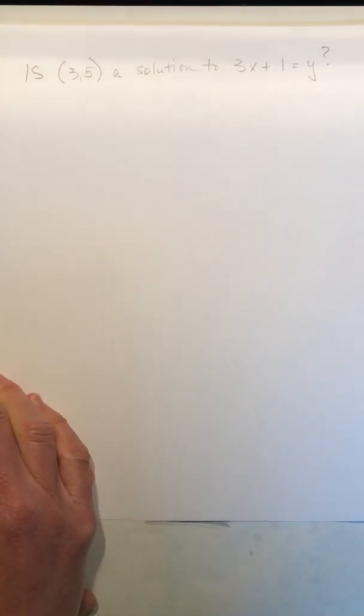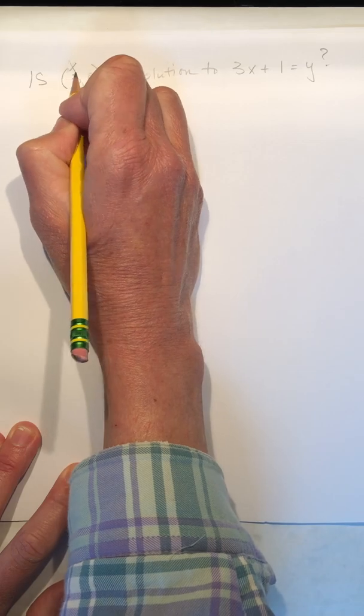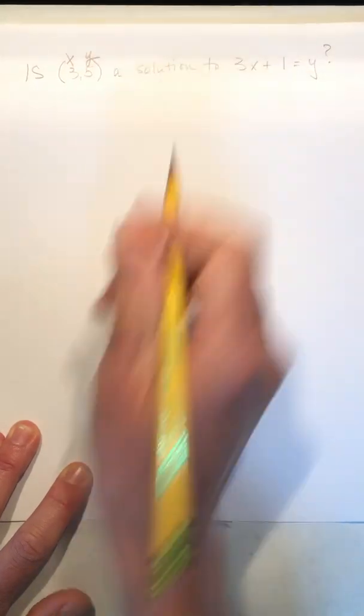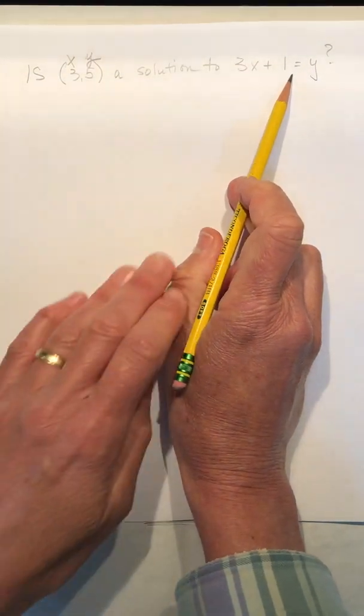So what this means is that if x is 3 and y is 5, does it make this equation true?